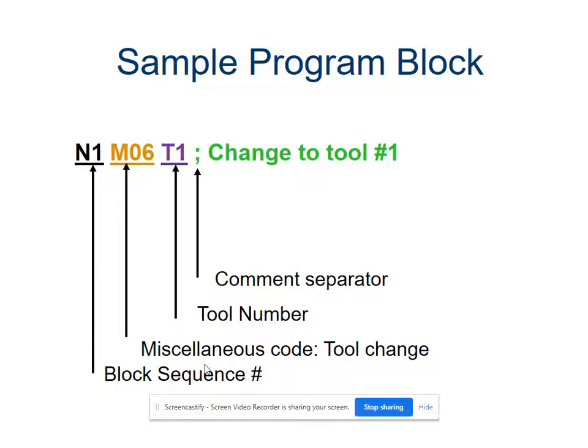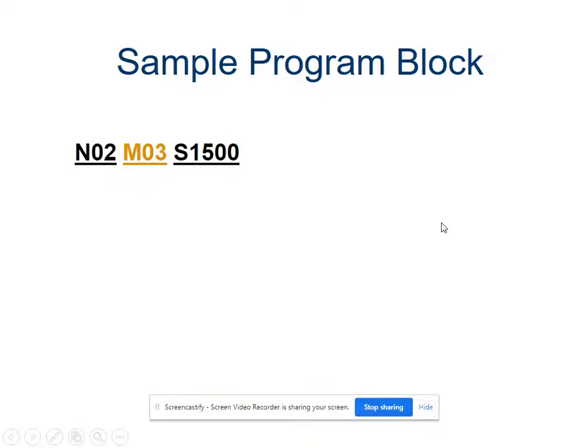So if Travis writes code and he puts a comment on it, I can easily identify what he's trying to do with the command because it says change to tool number 1. So then I can look back at it and go, oh, M06, that's our tool change, and T1 is the tool that we want to put in there. So the comments are very important for our programming. So you'll do this kind of stuff, and you'll also add comments.